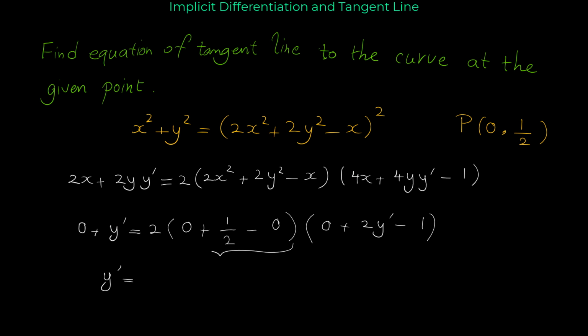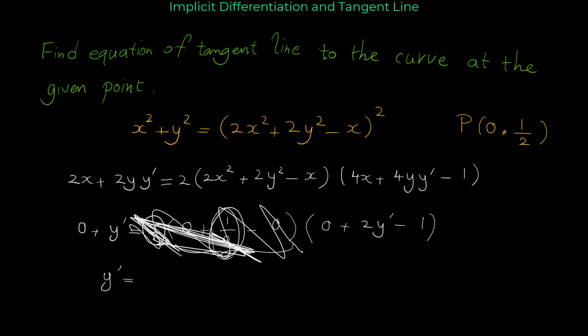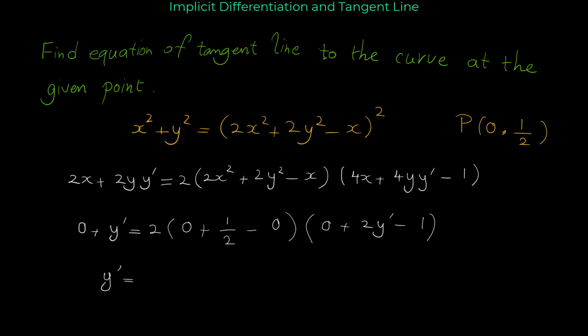In the left we have only y prime. Now attention, what is this bracket? This bracket is only 1/2. But when we multiply 1/2 by 2, these two cancel each other. 2 from the denominator and 2 from the numerator cancel each other. 2 times 1/2 is 1. So all of this is 1. On the right side we have only 2y prime minus 1.